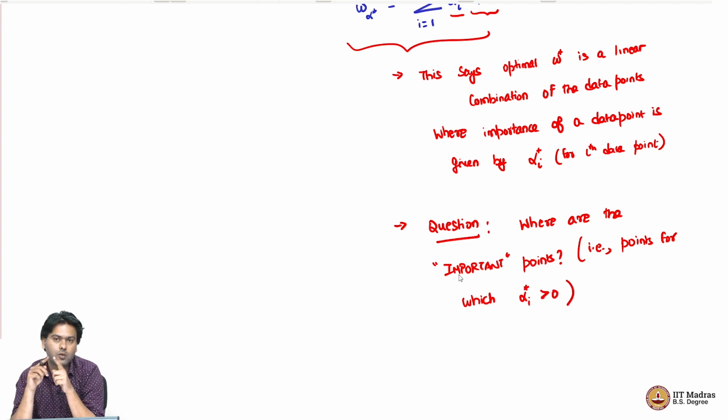We know alpha star_i is always going to be greater than or equal to 0 because that's the space where we are searching, but it does not mean that they have to be always greater than 0. There might be some points for which it is 0, and for some points it might be greater than 0. The question that we are asking is where are those points for which it is strictly greater than 0? Can we somehow characterize these points? That will tell us how many points overall contribute to w star and how many points don't contribute to w star. So we would like to understand that.